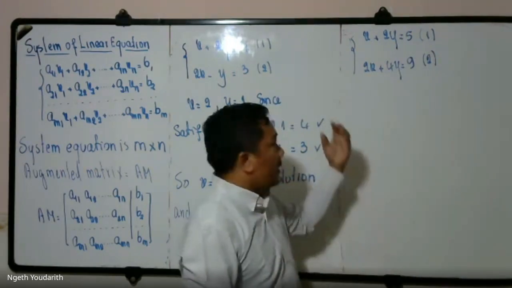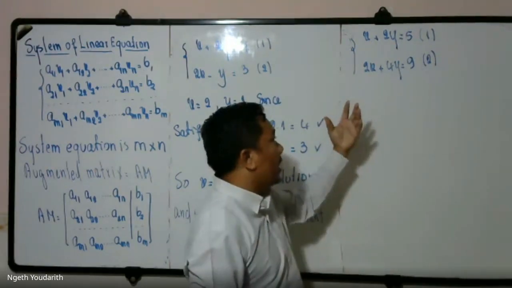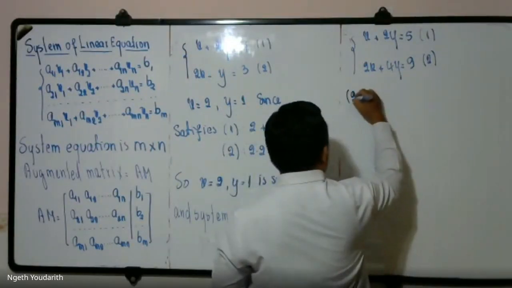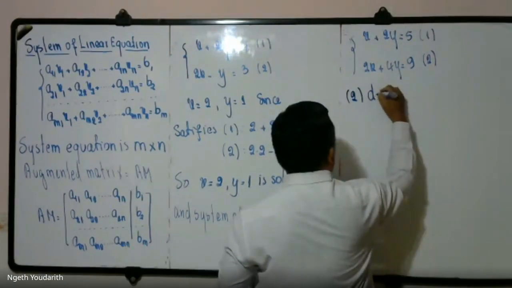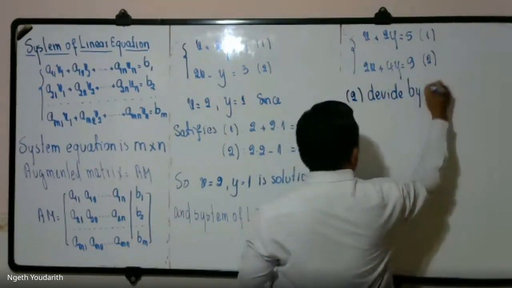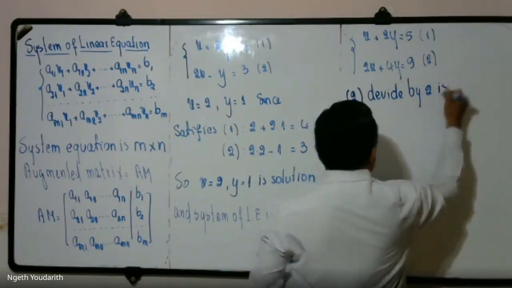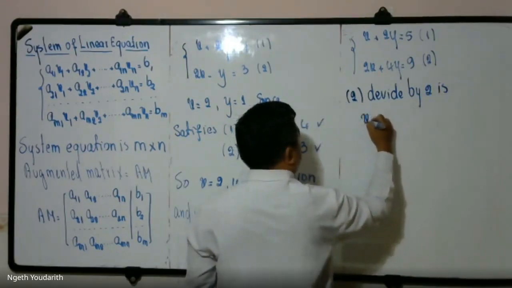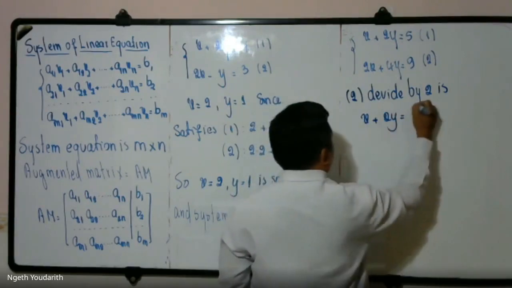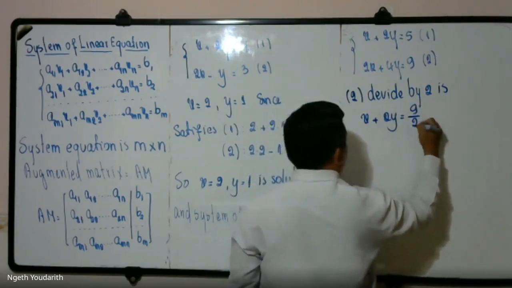When I divide equation 2 by 2, I get x plus 2y equals 9 over 2.